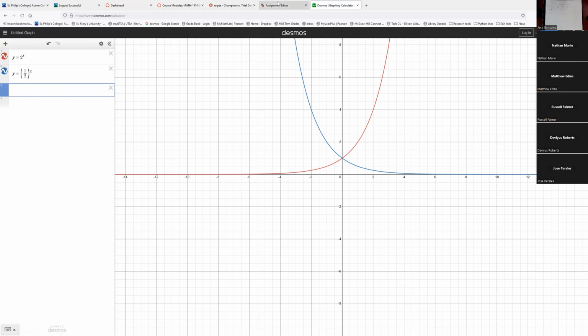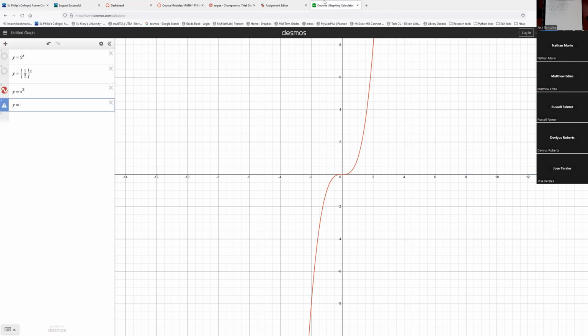It would just be a reflection. Like if you have a cubic function, and then you had a negative cubic function. But it's just a reflection across the y-axis. Similar, I should say.